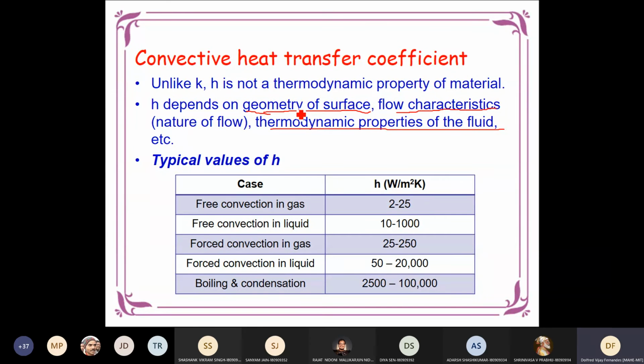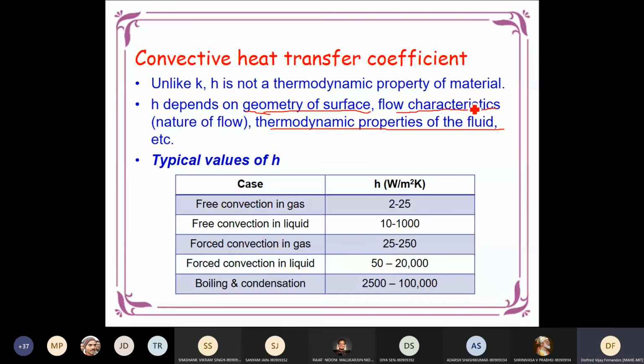The same hot surface kept horizontal with the same fluid flowing over it gives a different heat transfer rate than if you keep it vertical and allow the fluid to flow over it. So that is why the influence of the geometry of the surface is to be considered in the estimation of H.